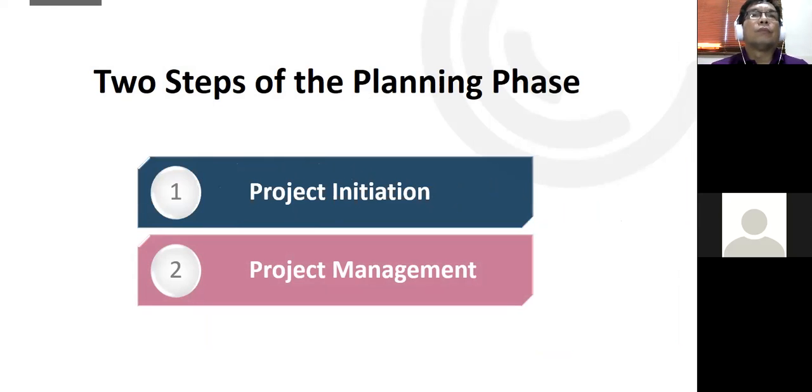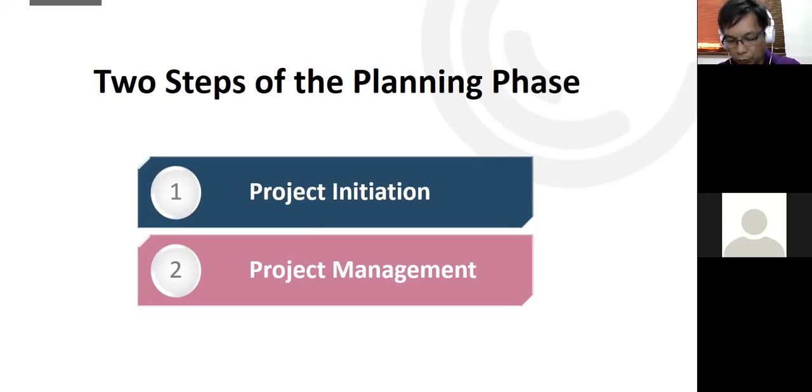Project initiation is when the team takes note of the system's business value. So they identify the business value of the system to the organization. How will it lower the costs or increase the revenues? So this is what they're going to take note of in the project initiation. And then the second step is project management.